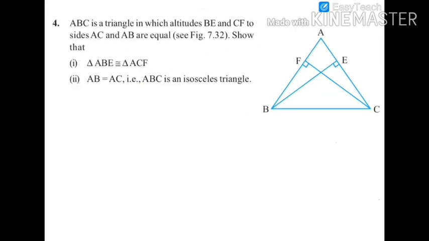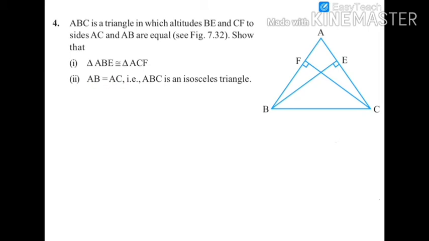Question number 4. ABC is a triangle in which the altitudes BE and CF are equal. Show that triangle ABE is congruent to triangle ACF and AB equal to AC.